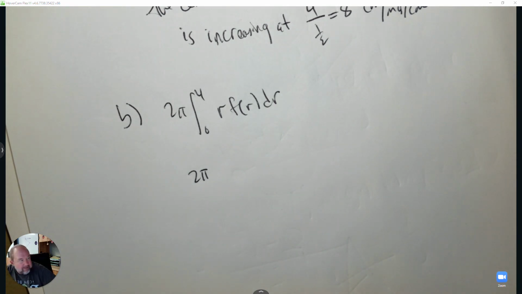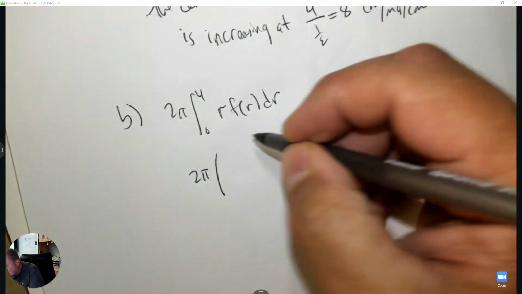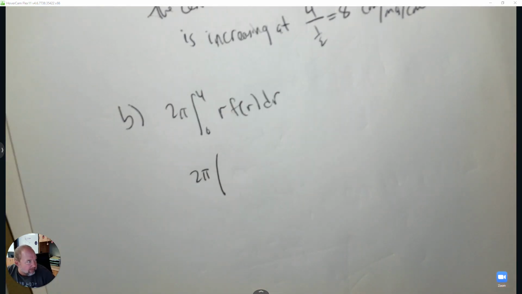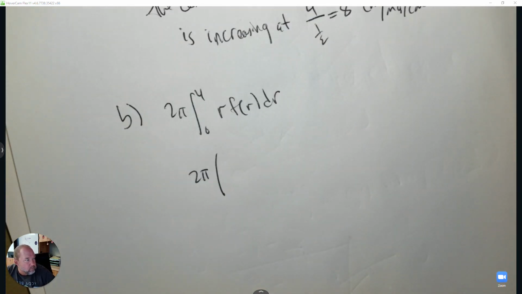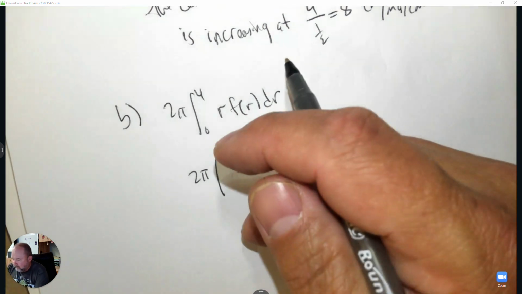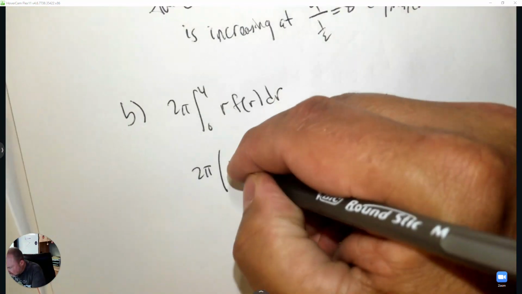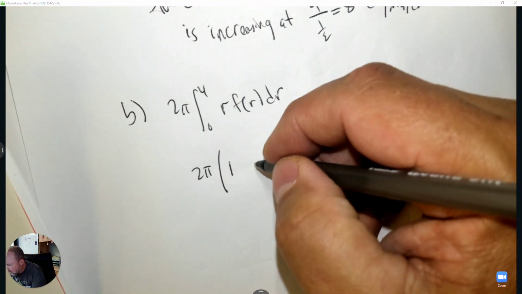So we have 2 pi, we have r, so the radius to begin. A right Riemann sum, so the radius on the right, which is 1, times the height on the right, which is 2.